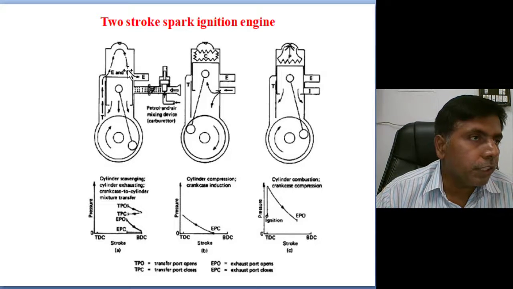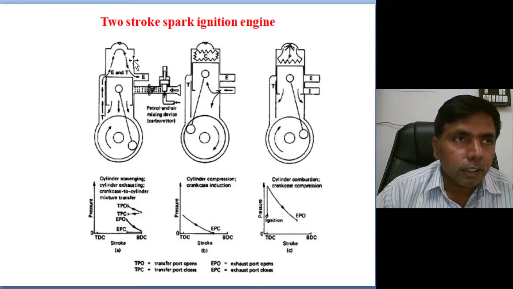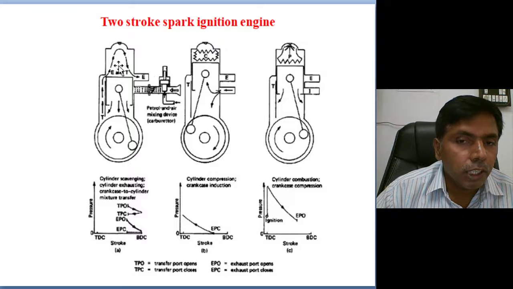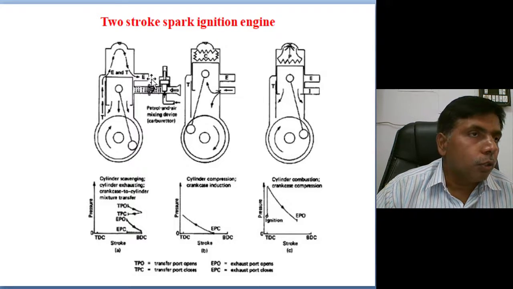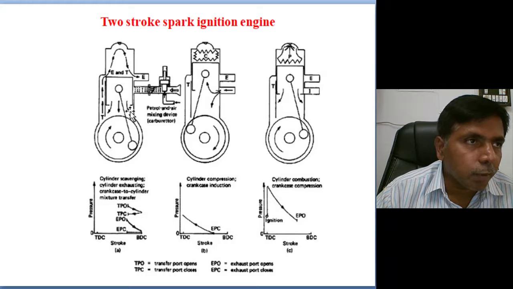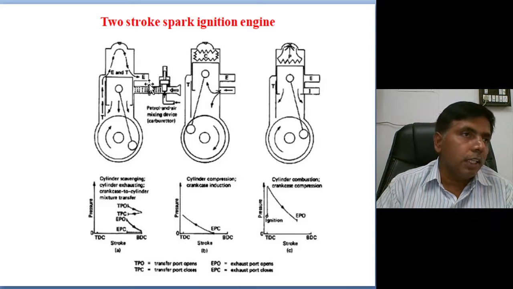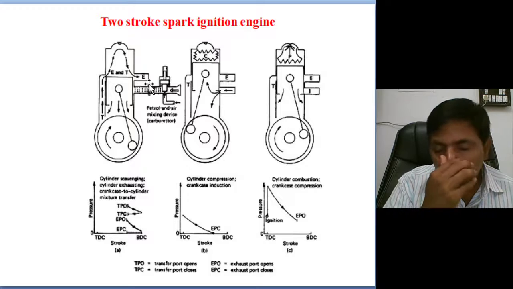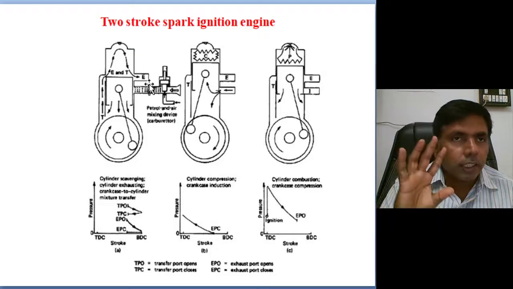The expansion stroke will initiate. While the piston is moving, maybe at 70% or 80%, 60% of the rotation, first it will open the exhaust port. So the entire expansion is not completed; in between the expansion itself, the exhaust port is open. So automatically the exhaust stroke is started.